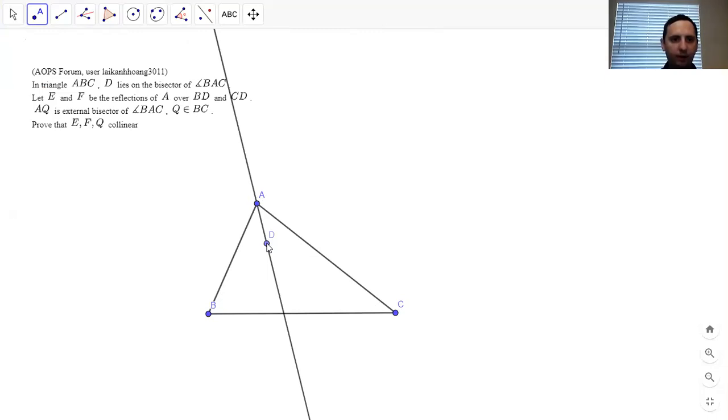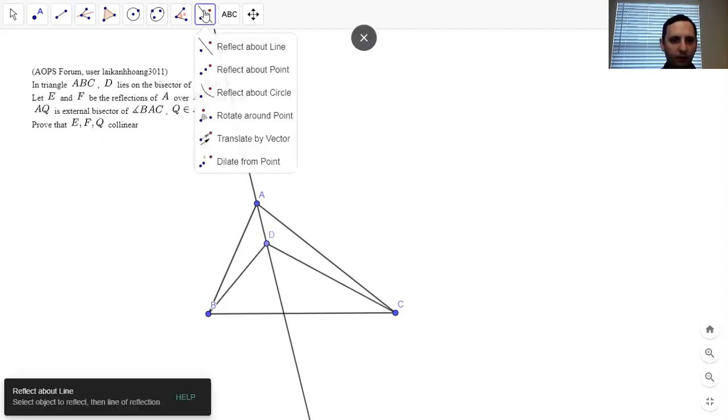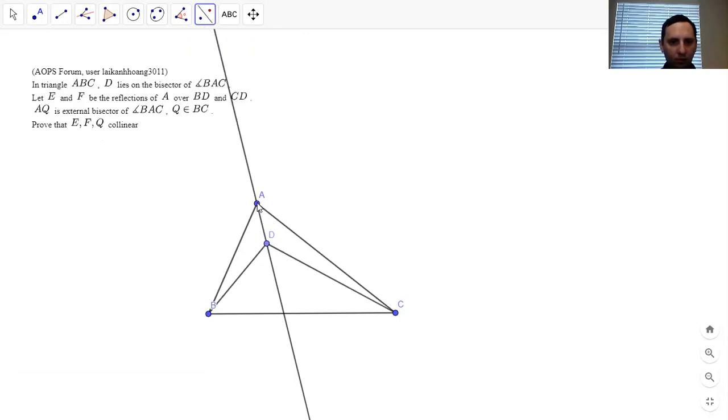And then we reflect A over BD and CD. All right. I'm going to draw those two in. And I will reflect A. So that creates a couple isosceles triangles, A prime B, and let me make this look a little better.